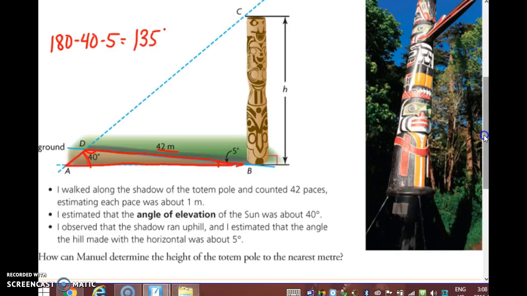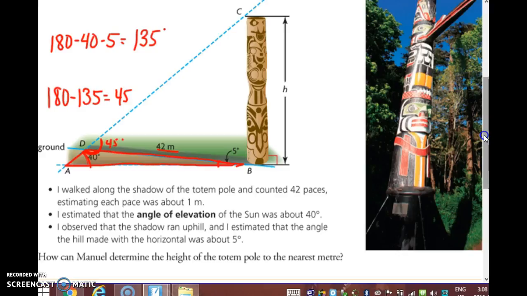So this angle here is 135 degrees. This makes a straight line, which is 180. So if this is 135, we should be able to go 180 subtract 135 to get 45, meaning this piece of the angle should be 45 degrees.